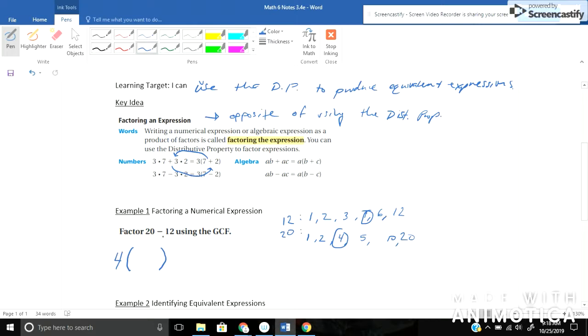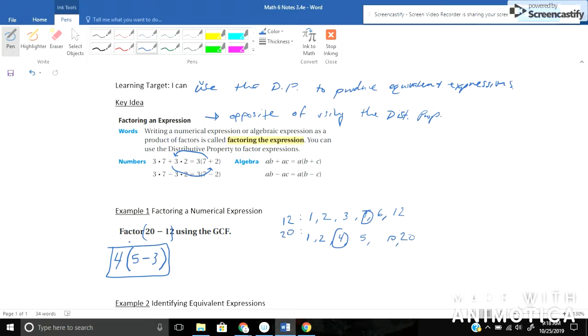So 20 divided by 4 would give me 5. And 12 divided by 4 would give me 3. So this is the answer. This is the expression factored out. It's kind of, like I said, reworking it backwards.